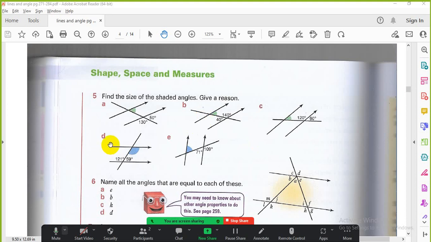Yes, sir. D. 59. No. D is 121. See, Z shape. See, it's very clear, no? Z shape. Yes, sir.